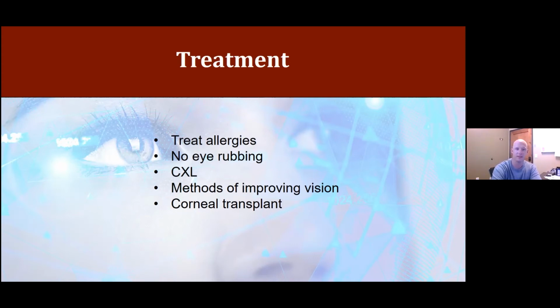The end stage, as far as if your keratoconus progresses too quickly or too much for us to be able to correct your vision anymore with these other methods, would be corneal transplantation. And we do have a fair amount of patients that we see still who have had corneal transplants. Although it's a fairly invasive surgery, usually we can get them seeing better with contact lenses and things of that nature after surgery.